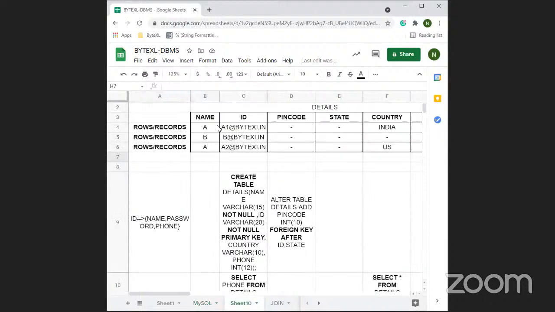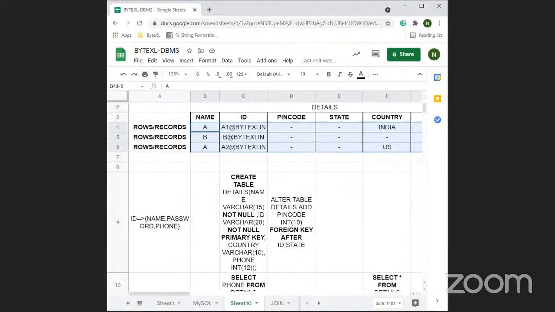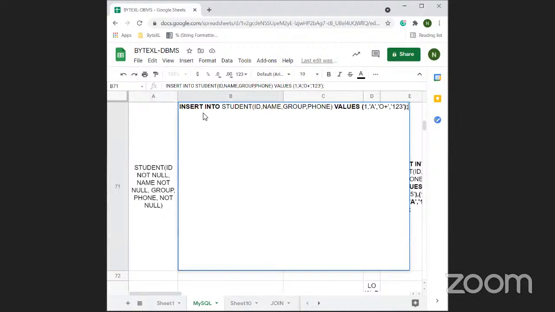I have created a table like this, but where did we insert these values? We did not insert through programming. If we want to insert that, this is the keyword we have to use. Insert into, both are keywords. Give the table name and give the column values you want.